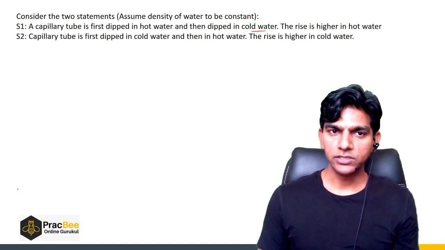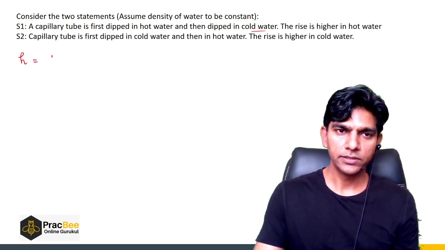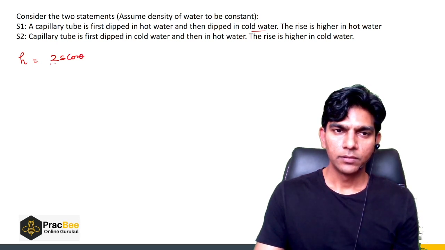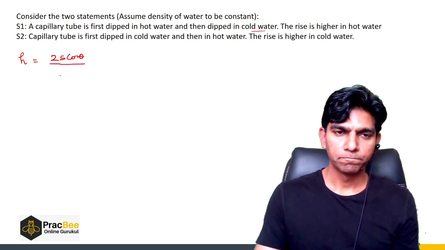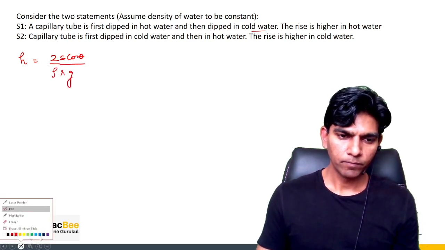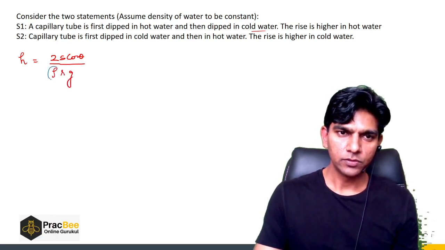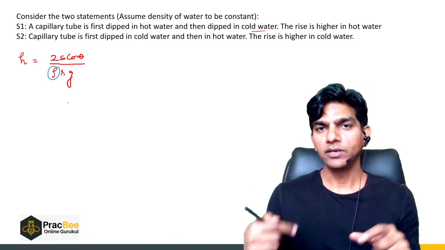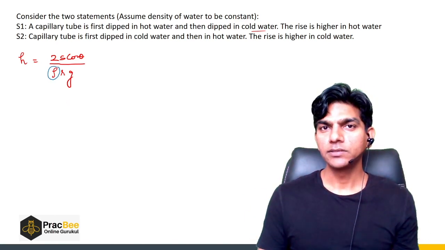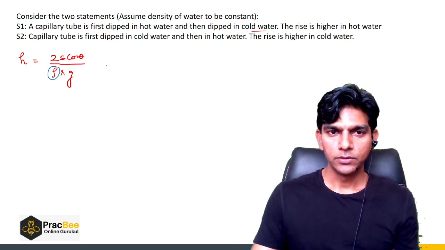So the density is not changing, and we know that the height of ascent is 2S cos theta divided by rho r g. So in this, density is constant, and we know one thing: if we increase the temperature of water, then the surface tension decreases. So as temperature increases, surface tension decreases.